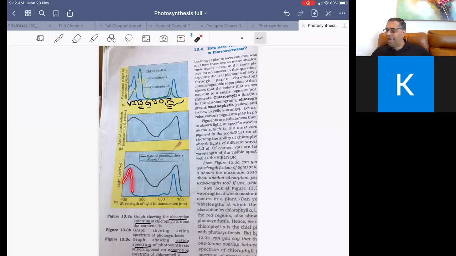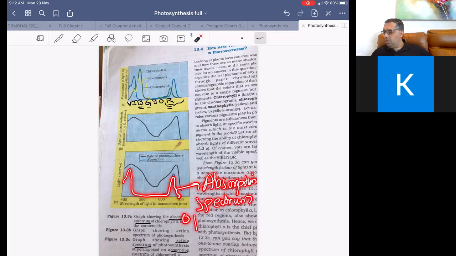This is the absorption spectrum of chlorophyll A. And this was the action spectrum of chlorophyll A.